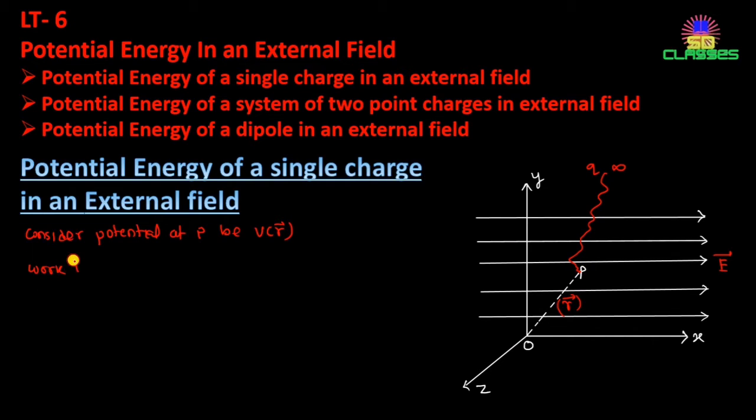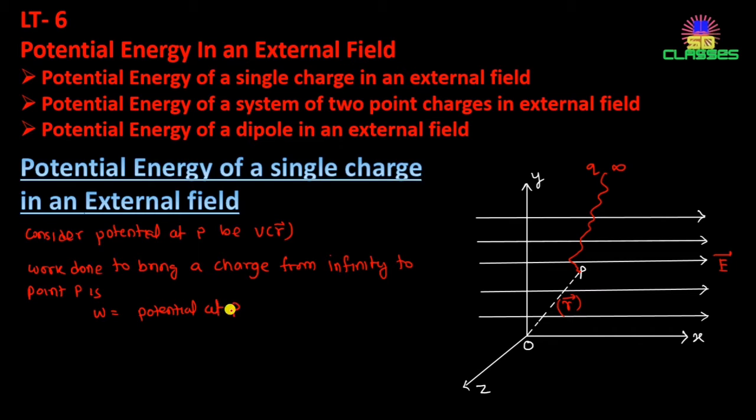The work done to bring a charge from infinity to point P is equal to the potential at P into the charge that we are bringing from infinity to that point. We know that this work done is equal to potential energy. So potential energy will be V(r) into q.